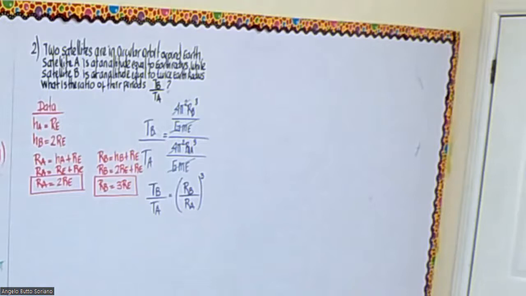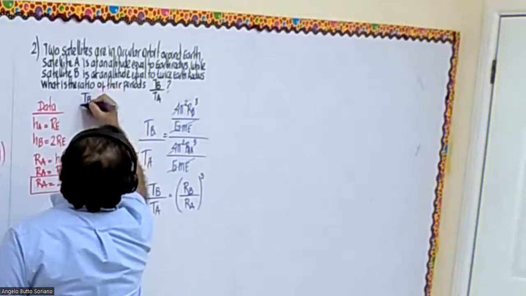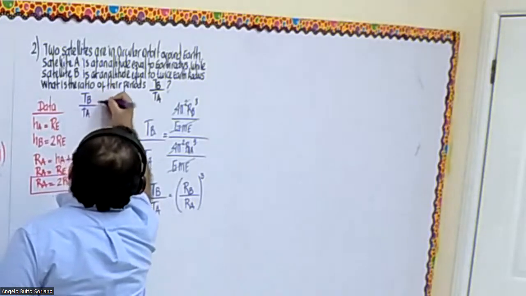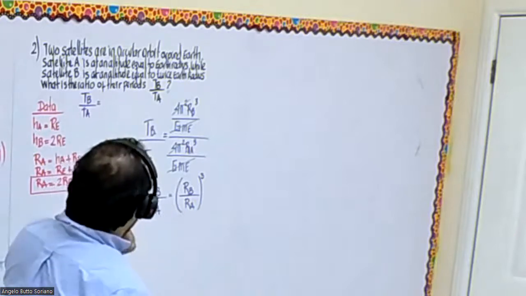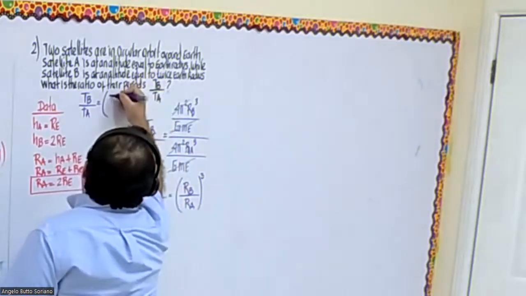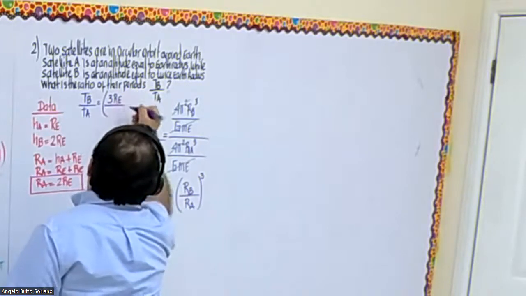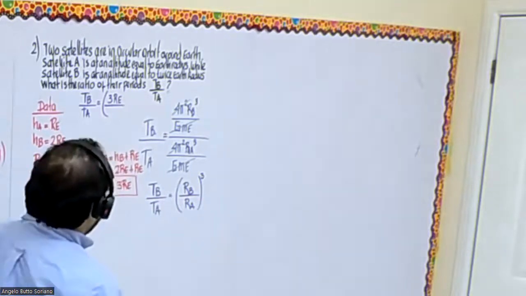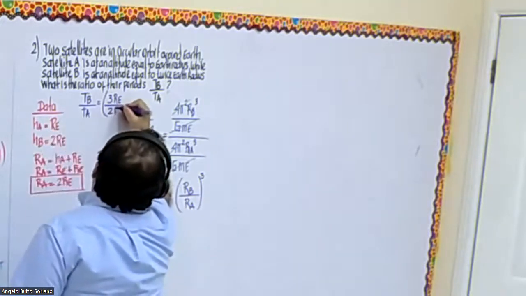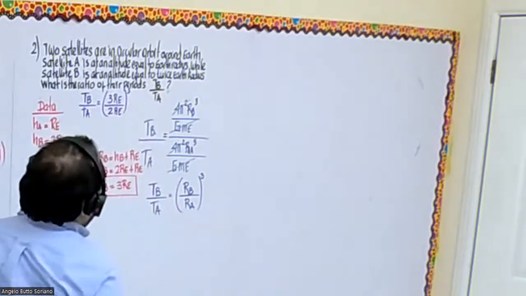So what will be the result? Simple. TB over TA will be equal to, what is the value of radius B? 3 times the radius of the Earth over radius A, twice the radius of the Earth, all to the third power.